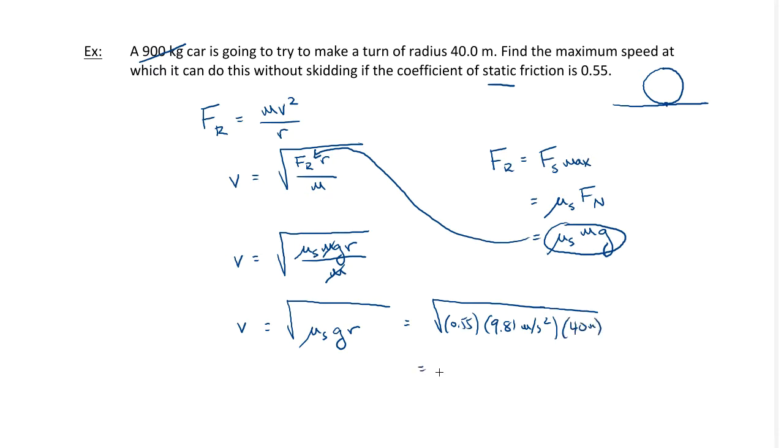And that gives us approximately 14.7 meters per second. And putting that in kilometers per hour and rounding to two significant digits, we get approximately 53 kilometers per hour. So that's the maximal speed that the car could be taking and still negotiate this turn. So that's an introduction to uniform circular motion, centripetal acceleration, and centripetal force.